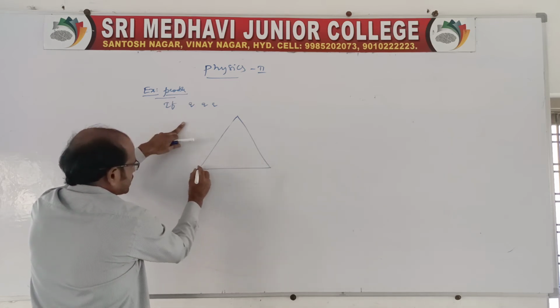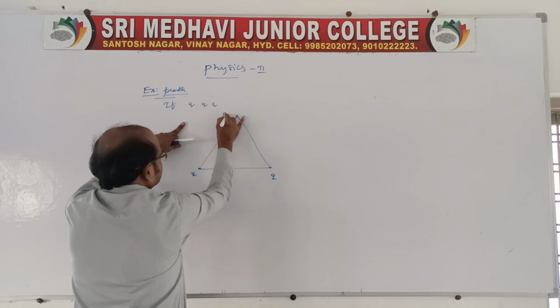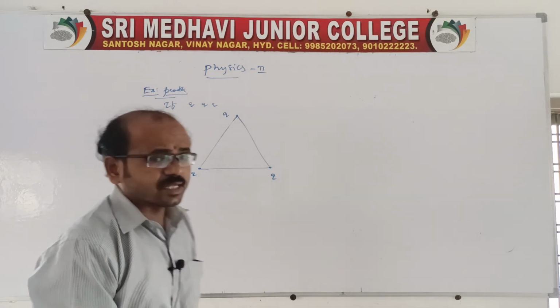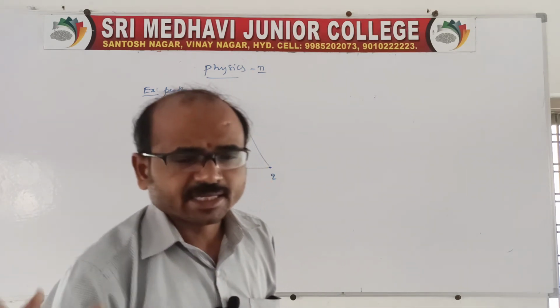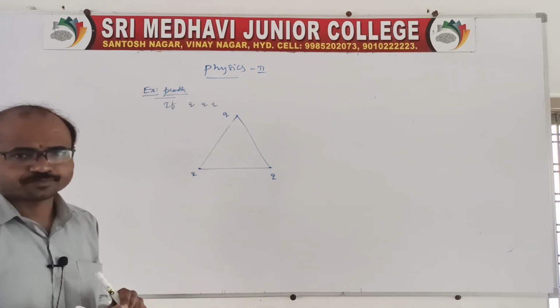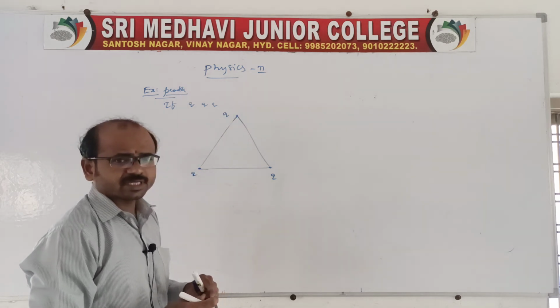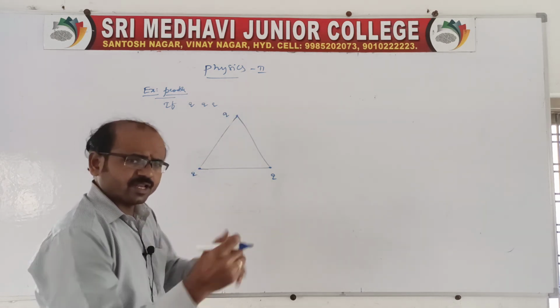You take one charge q, another charge q, and then one more charge q, which are placed at the three corners of an equilateral triangle, right? Then find the resultant force at any one of the corners.